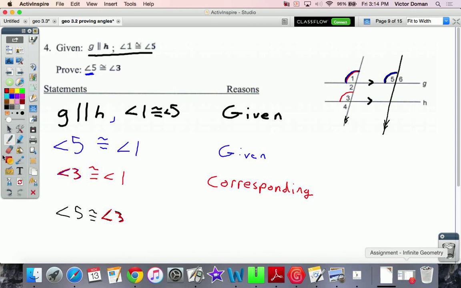So now if we're looking at this, we know 5 equals 1, and so does 3. So by the transitive property of equality, 5 equals 3.